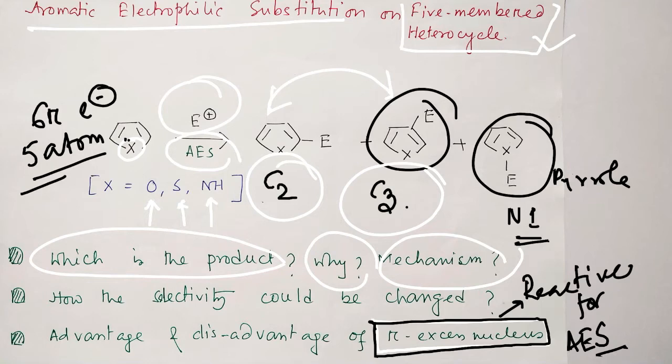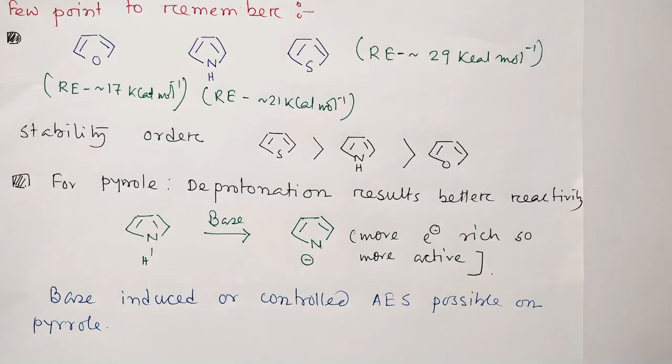Okay, so let's start. So now the question is that before going to details, we need to remember a few points. What are those points? First of all, the resonance energy, because since it is aromatic electrophilic substitution, aromaticity is involved in this process.